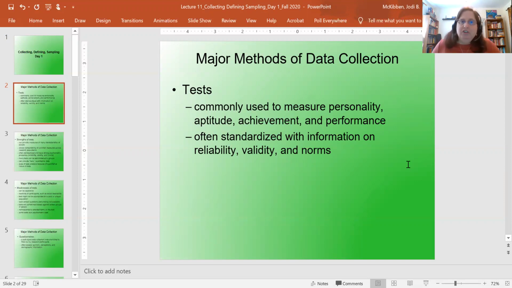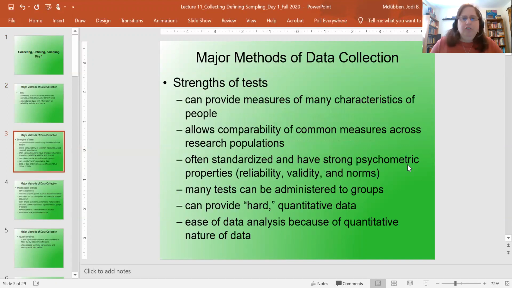So if a person takes a SAT test, then there are norms that show how their score falls percentage-wise compared to other students who might have taken the same SAT. Okay. So what are some of the strengths of tests? Well, they can provide measures of many characteristics of people. It allows comparability of common measures across research populations, right?